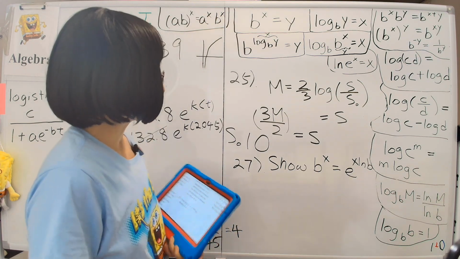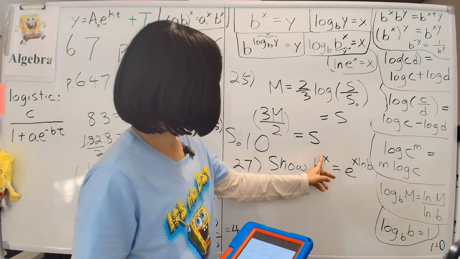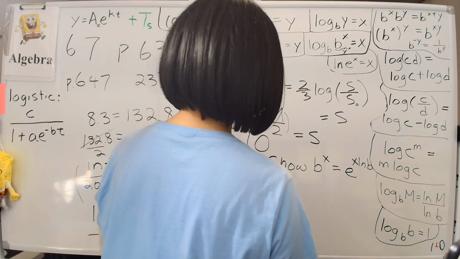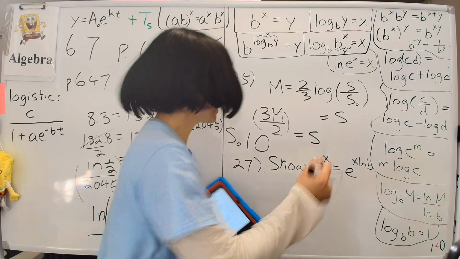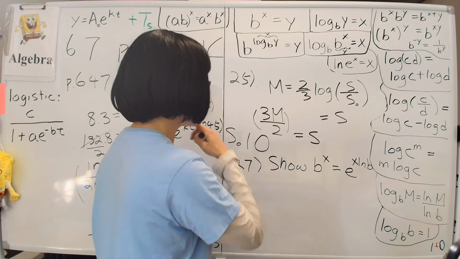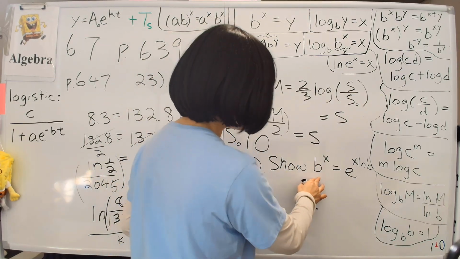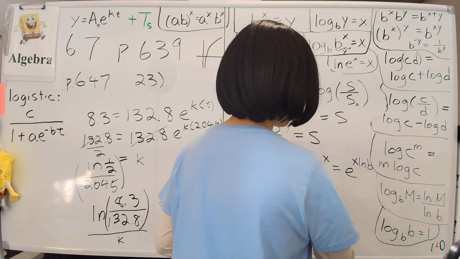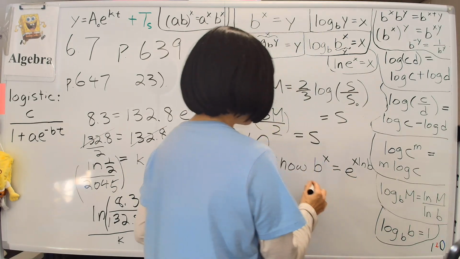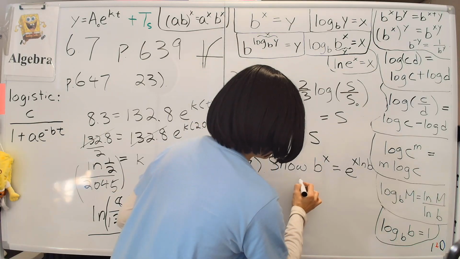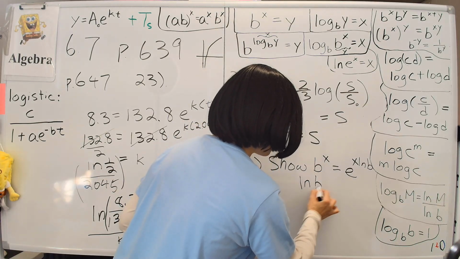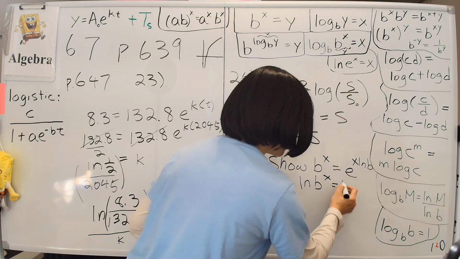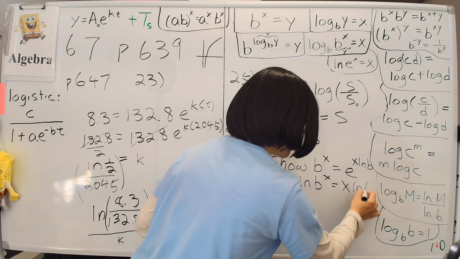So problem 27, we're supposed to show that b to the power x is the same as e to the power x ln b, which is something we did before, but we'll do it again. To do that, first we'll take the natural log of both sides. That is ln of b to the x, taking natural log of both sides, equals ln of e to the x ln b, which cancels out, so you've got x ln of b left.